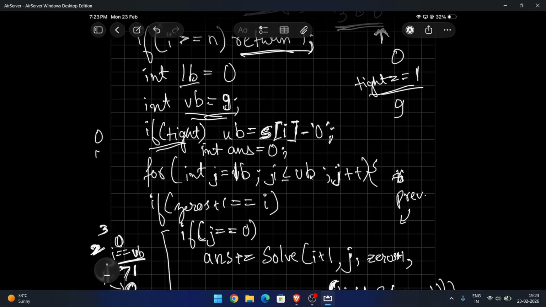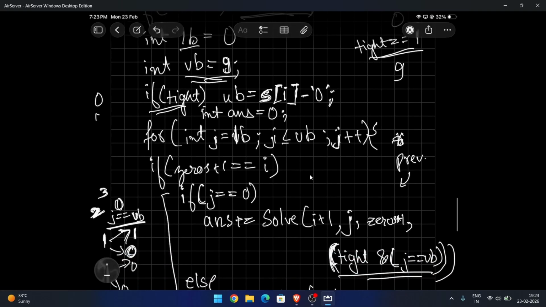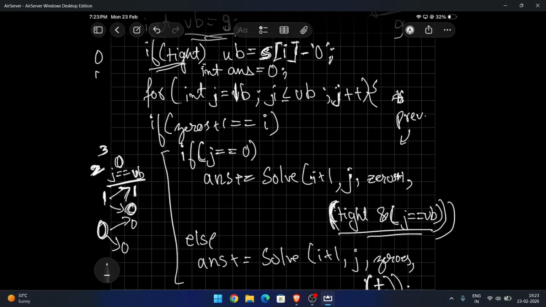Now from lower bound to upper bound, we check whether we haven't started our number yet, that is zeros plus 1 equal to I. This shows that we haven't started our number yet. So if we are currently at the third index, zeros plus 1 would be I, which means we haven't started our number, so we can put 0 again here.